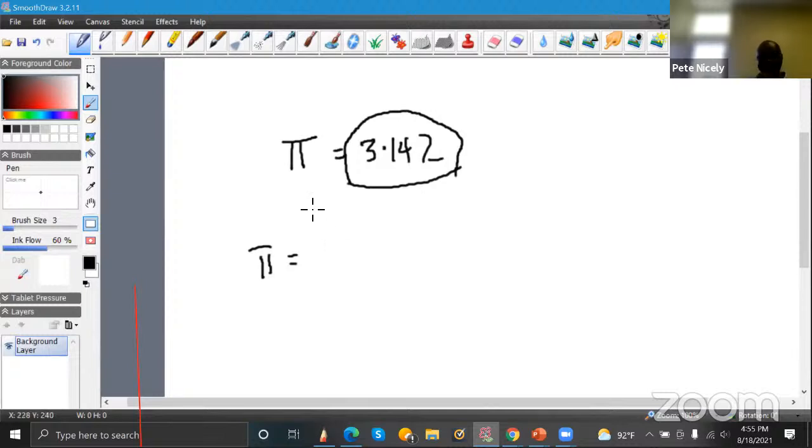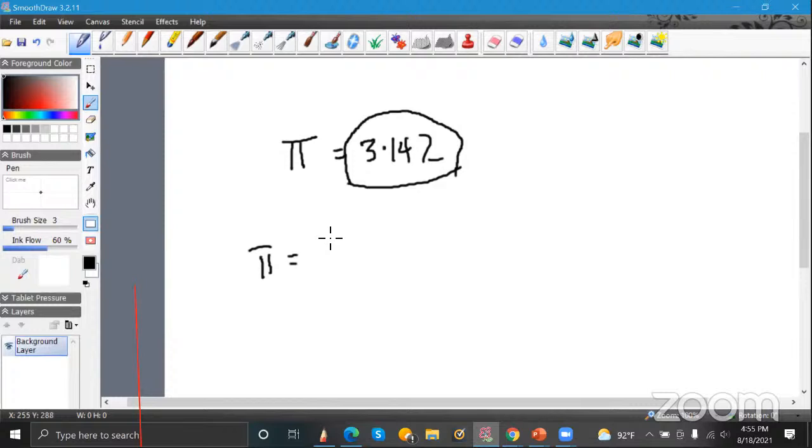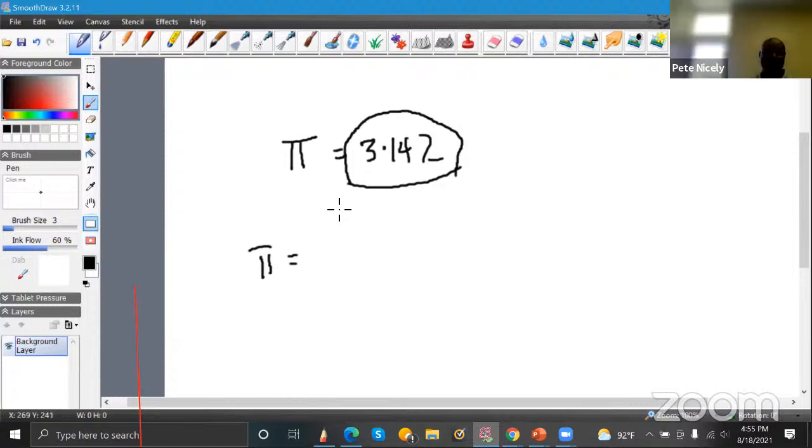Nobody knows? Okay, so this number comes about because it was found that if you took the circumference of a circle and divided it by its diameter, it turns out to be a constant number, which is this, pi, 3.142, all right? So this number is obtained by definition, right?